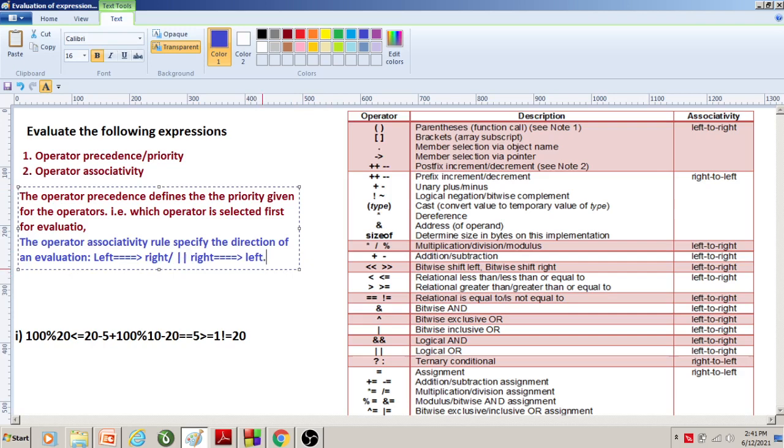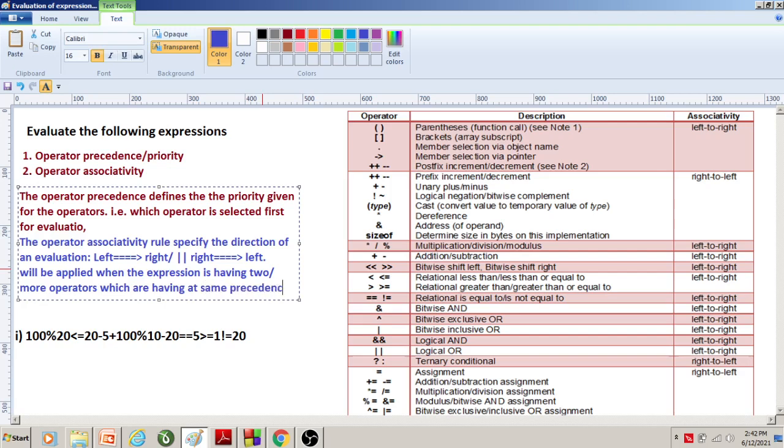So the associativity rule will be applied when the expression has two or more operators which are at the same precedence level.